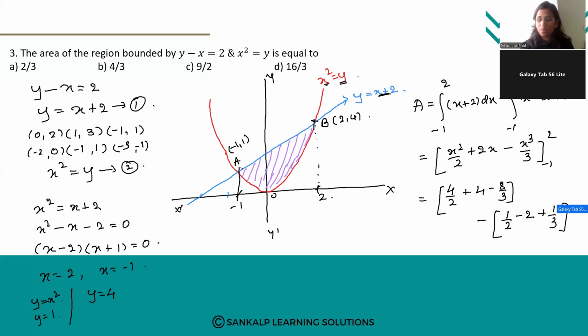Okay. So this is basically 4 by 2, which is nothing but 2. 2 plus 4 is 6, minus 8 by 3. And how much am I going to get here? Minus 1 by 2 plus 2 minus 1 by 3.